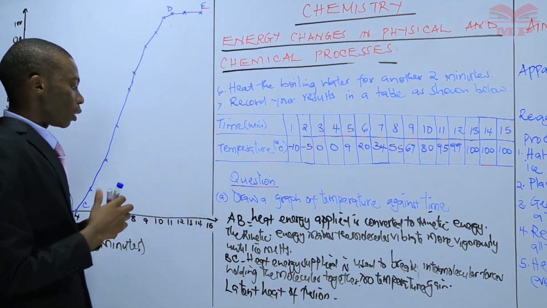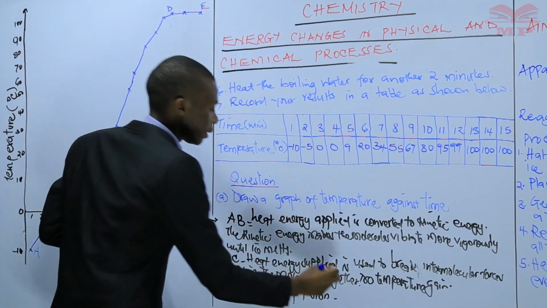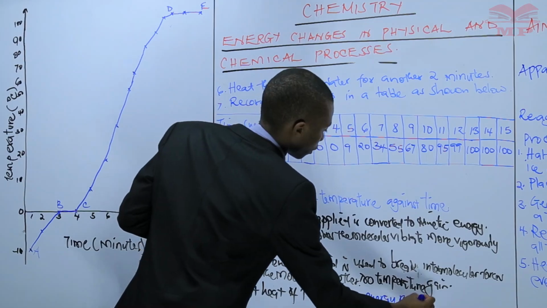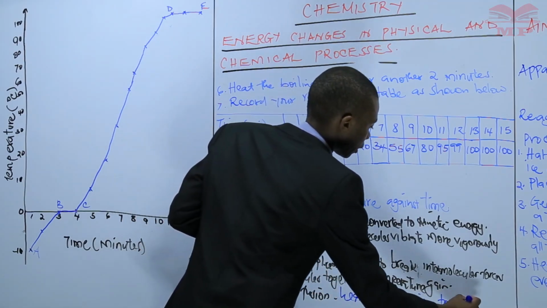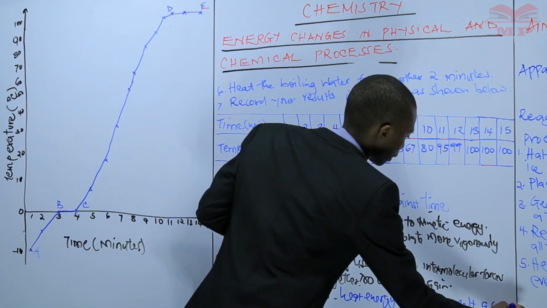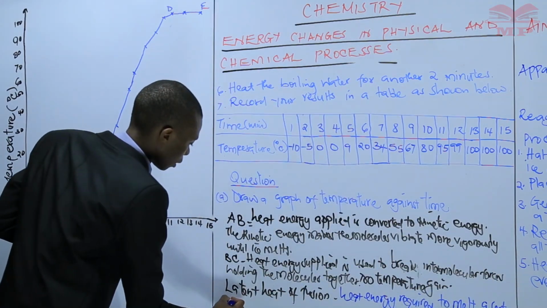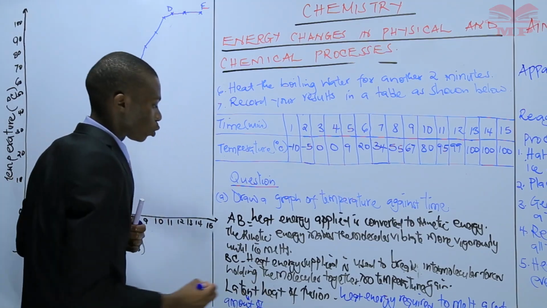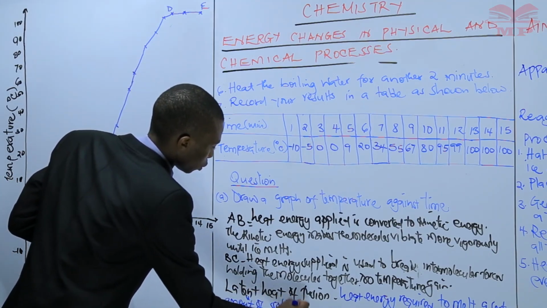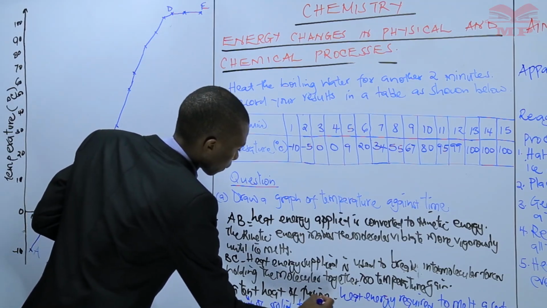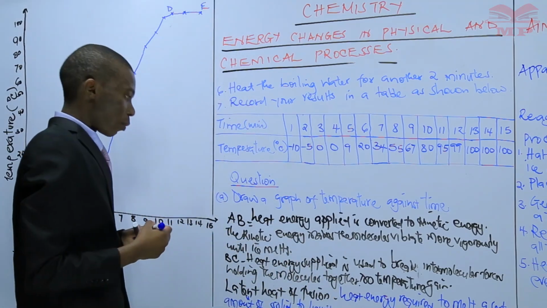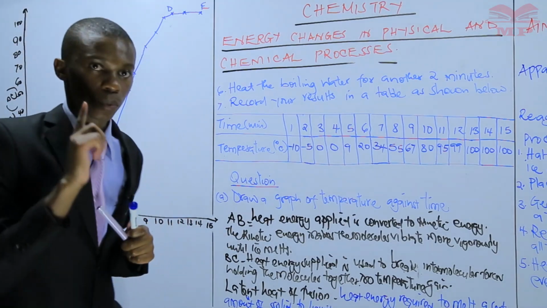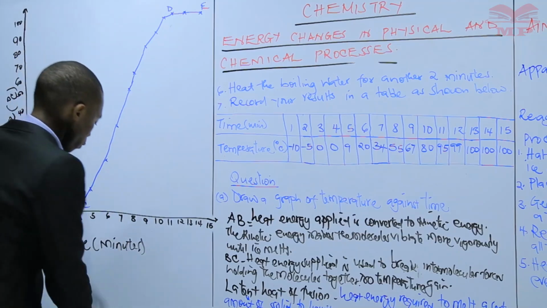So latent heat of fusion, we've said, is the heat energy required to melt a certain amount of a solid to a liquid. The heat energy required to melt a certain amount of solid to a liquid is what you are calling the latent heat of fusion.